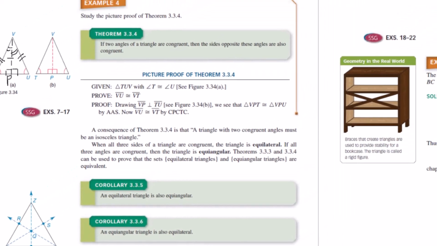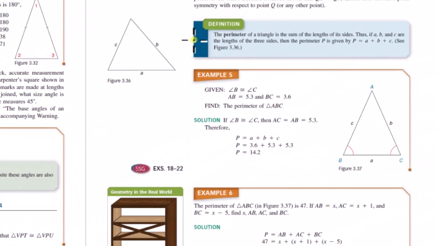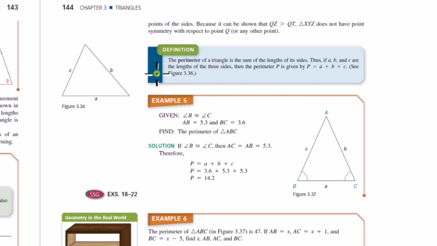Okay. Now, the next thing they talk about is the idea of the perimeter of a triangle. The perimeter of any figure, let's stick with polygons at the moment, is just the sum of the lengths of all the sides. That's it. It doesn't matter if the polygon has side lengths that are the same or different lengths.